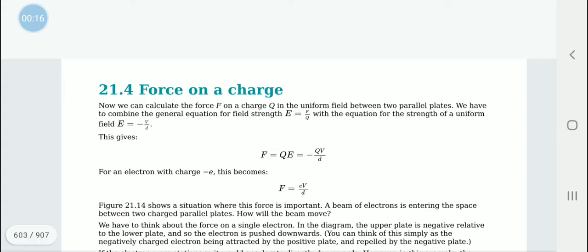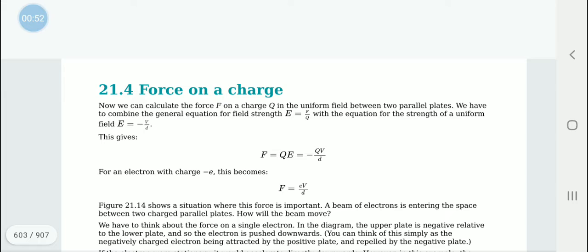So now we have two equations: E equals F upon Q and E equals negative V upon D. We can combine these two general equations, that is F upon Q and negative V upon D, and obtain an equation F equals QE equals negative QV upon D. That is, instead of E we put negative V upon D.